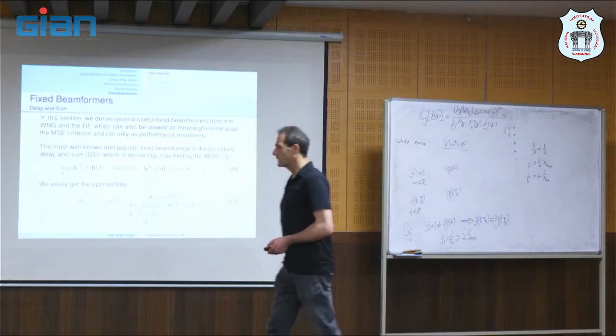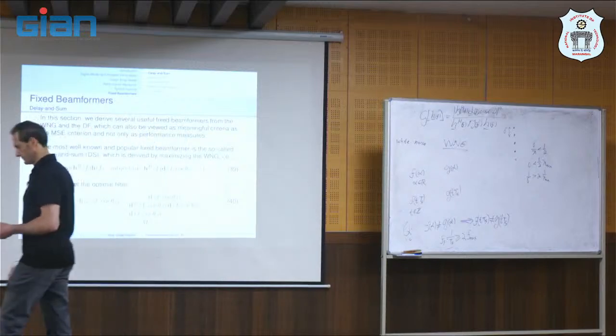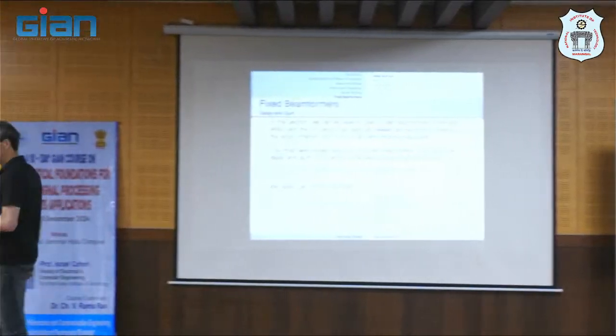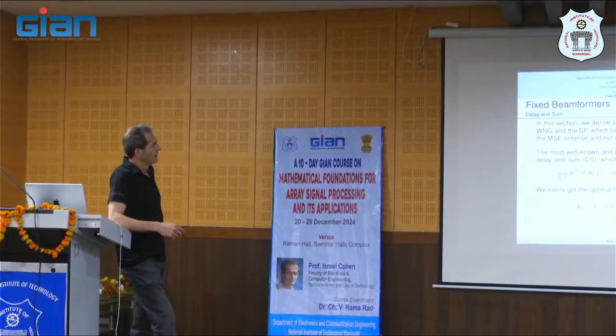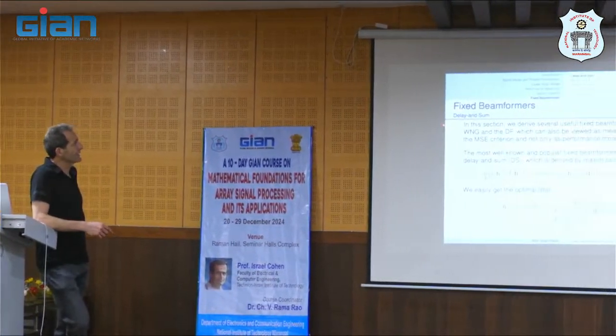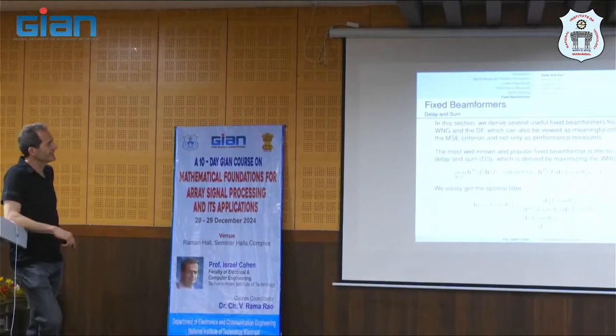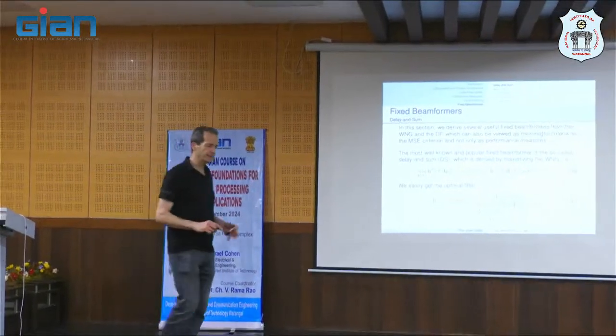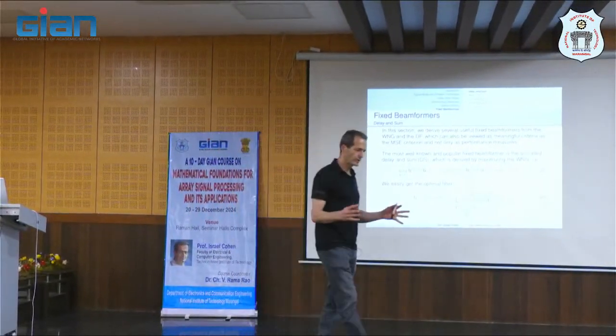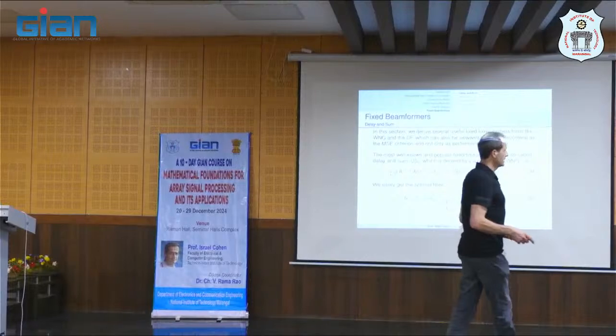Okay, now let's talk about optimal fixed beamformers, the important fixed beamformers. We talked about delay and sum. What does it mean, delay and sum? It means that we have constructive summation.